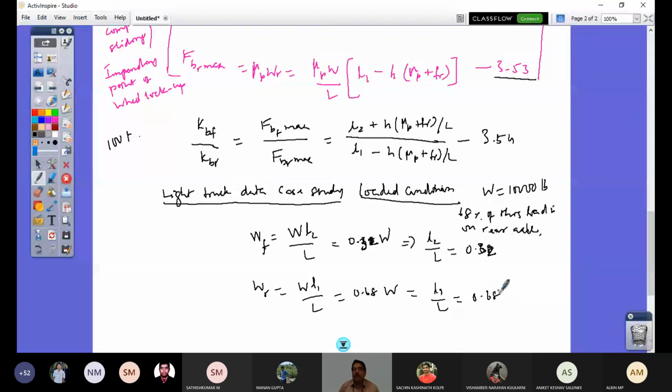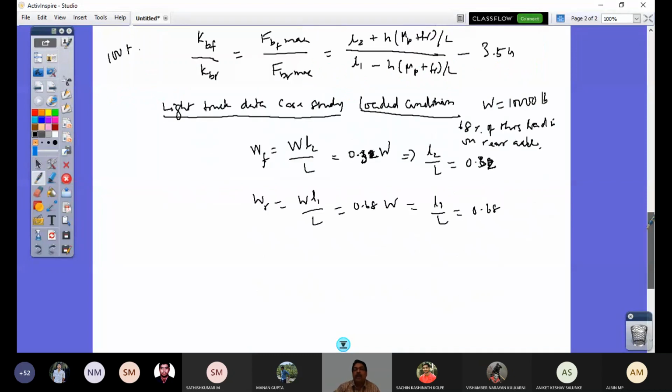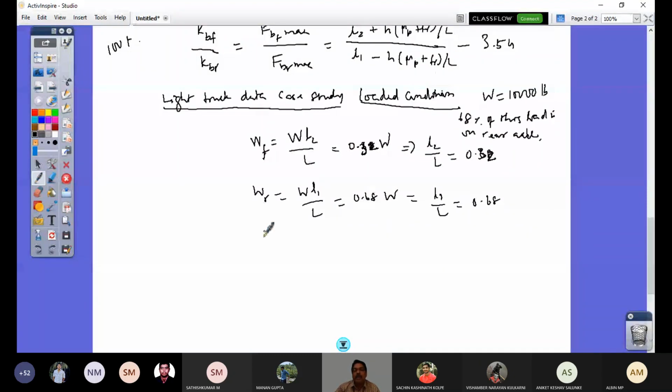And of course, for this vehicle, you are given the ratio of CG height to the wheelbase. Why do you require it? Look at H by L in this expression. That's also given. H by L is 0.18, and you are also given the FR value in this case study vehicle.